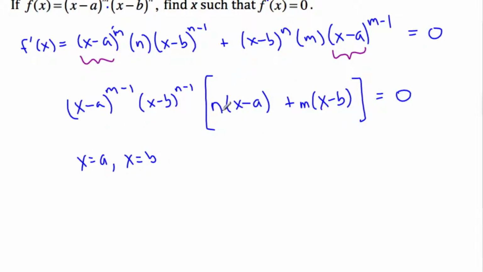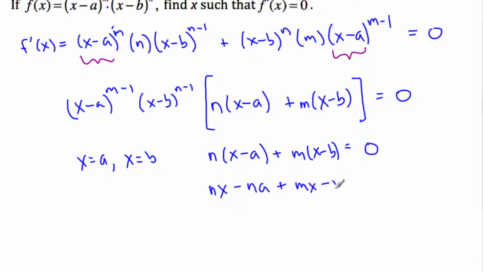Now we also have this other piece. So that's n times (x minus a) plus m times (x minus b) equals 0. Expand this, I get nx minus na plus mx minus mb equals 0.